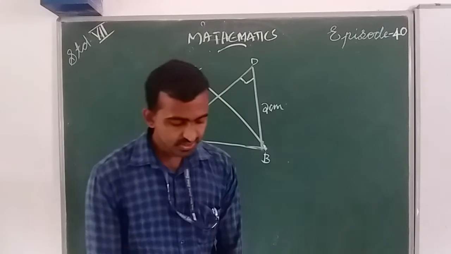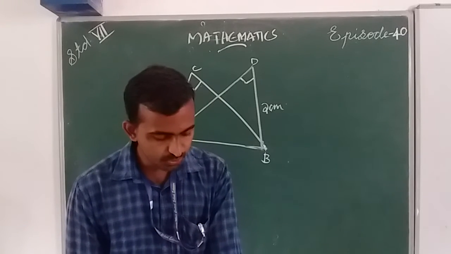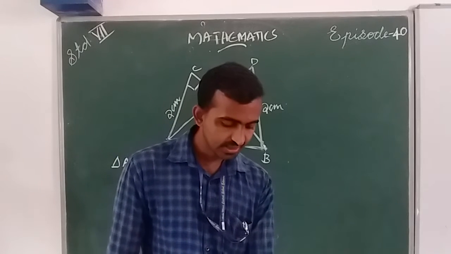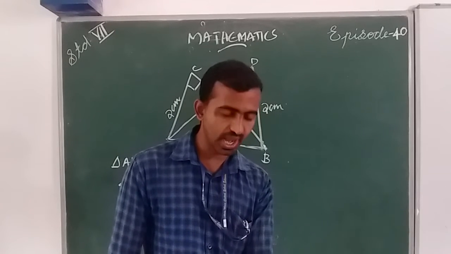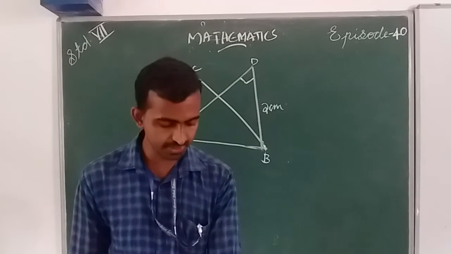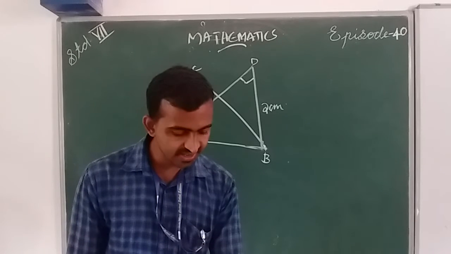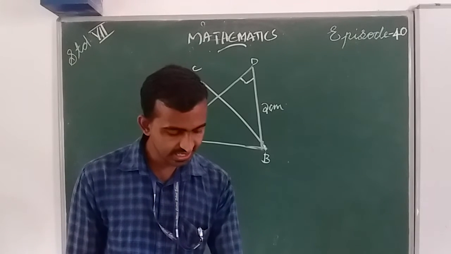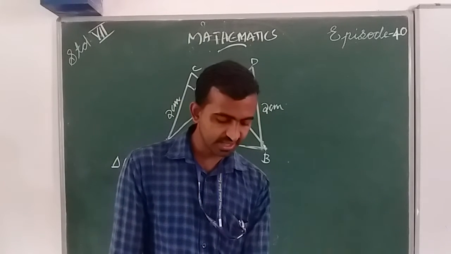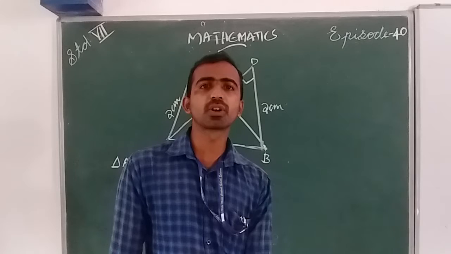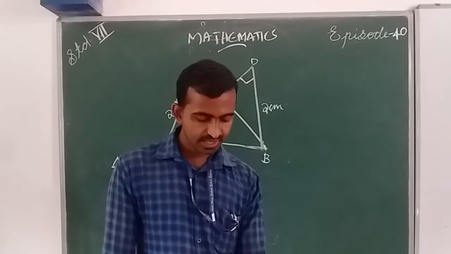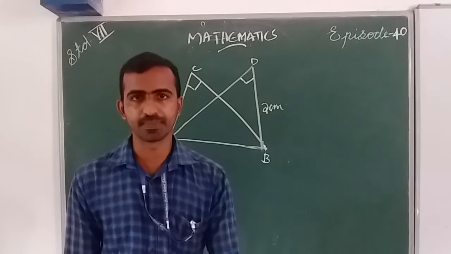The second one is: it is to be established by the RHS congruence rule that triangle ABC is congruent to triangle RPQ. What additional information is needed if it is given that angle B equal to angle P equal to 90 degree and AB equal to RP?